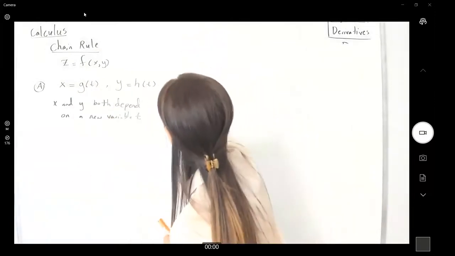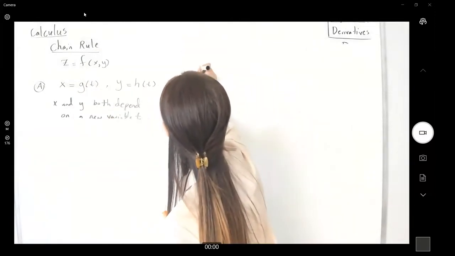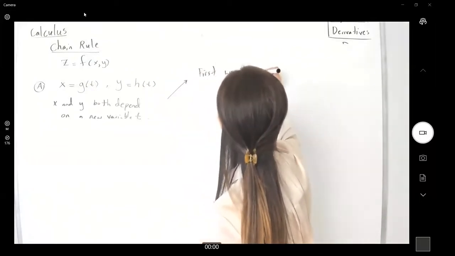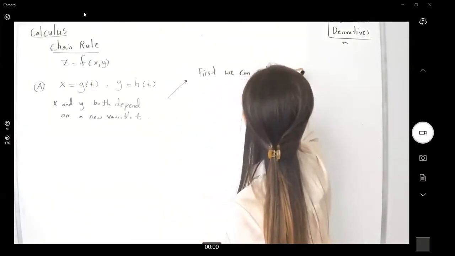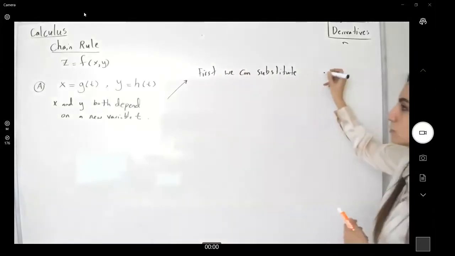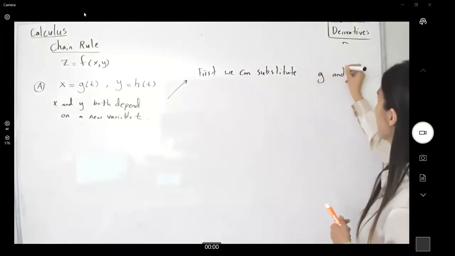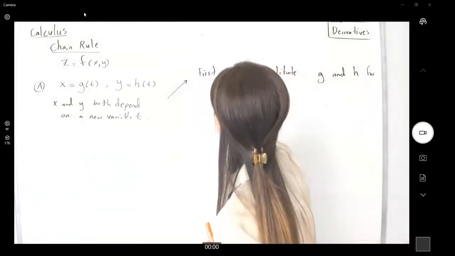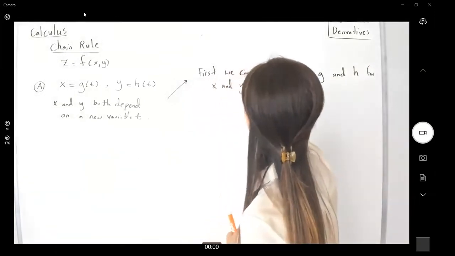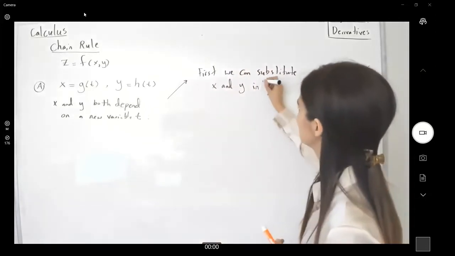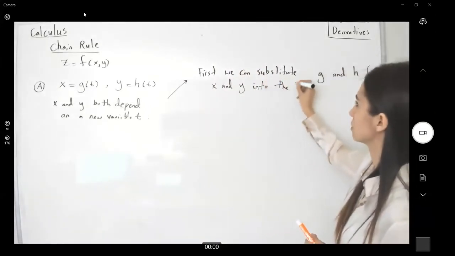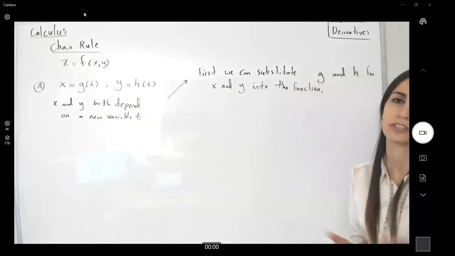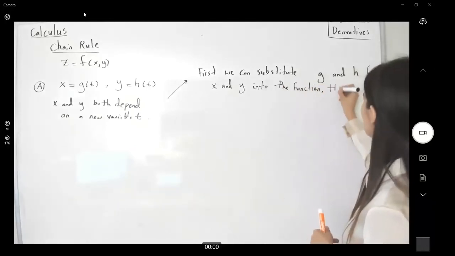In this case, you have two options. First, we can substitute g and h for x and y into the function, then take the derivative with respect to t.